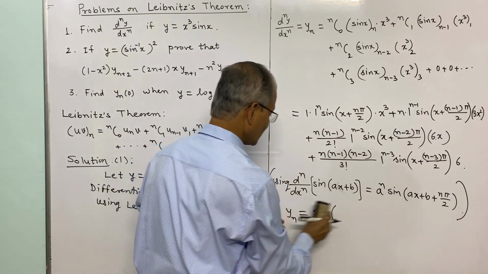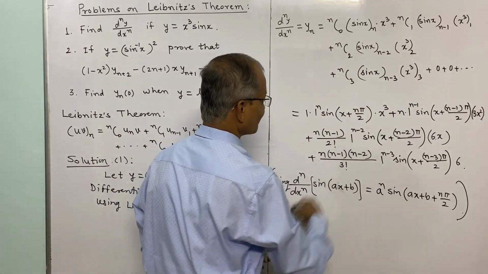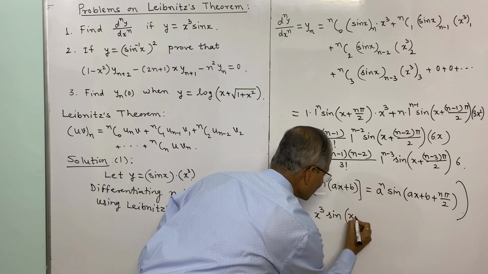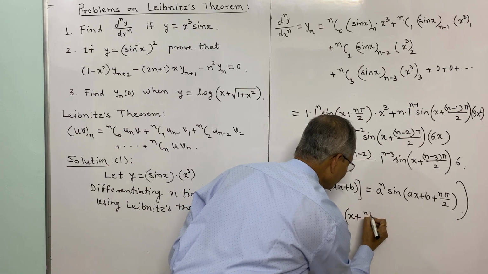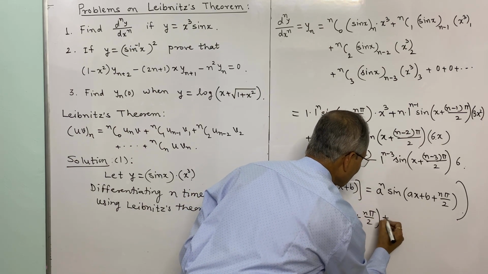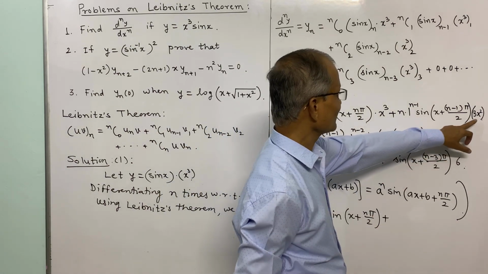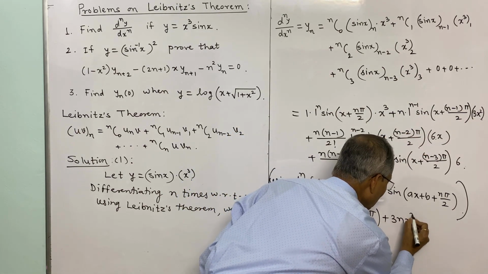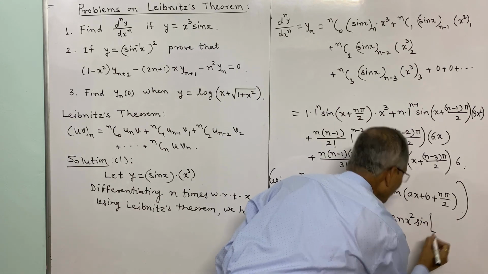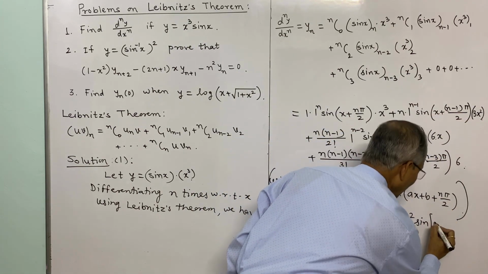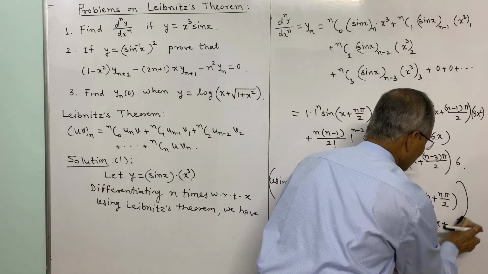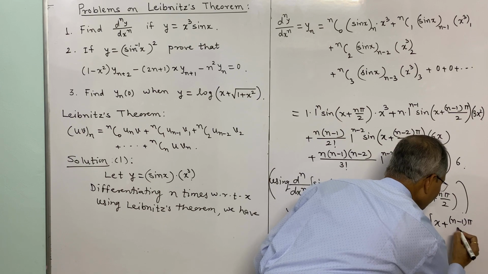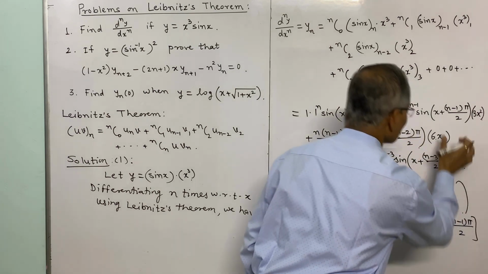We can write x cube first, the algebraic term we should write first: x cube into sine of x plus n pi by 2, plus, now here you see 3x square into n, or 3nx square, into sine of, or you may use a bigger bracket, and then that can be written as x plus (n minus 1) times pi by 2. That is the second term.